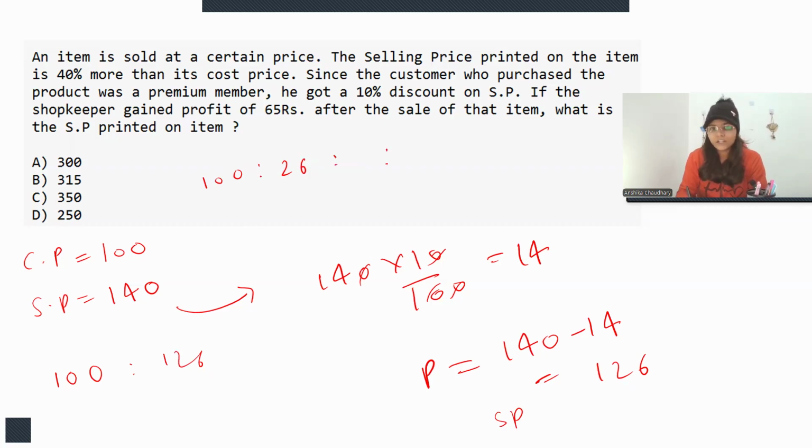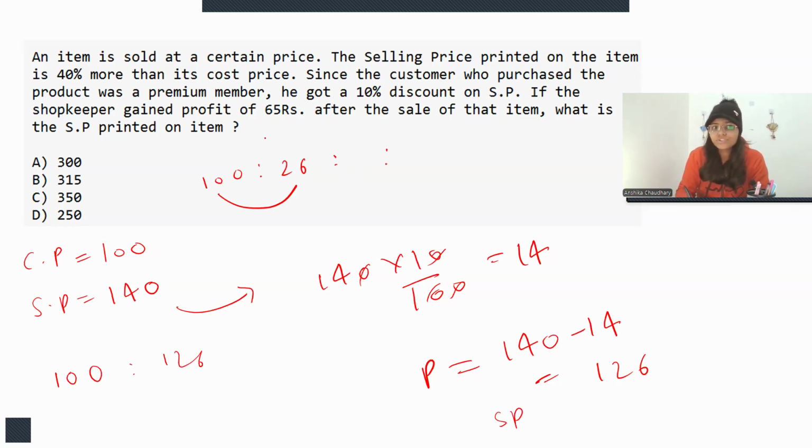Our cost price of 100 was just a supposed price. Now the actual thing will start from here. If the shopkeeper gained a profit of 65 rupees, then on 100 we got a profit of 26 rupees.